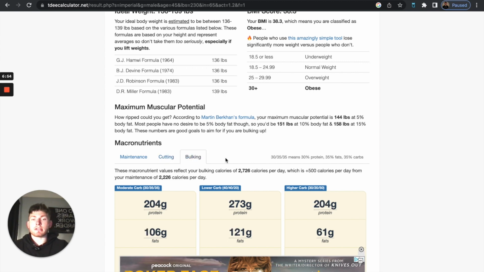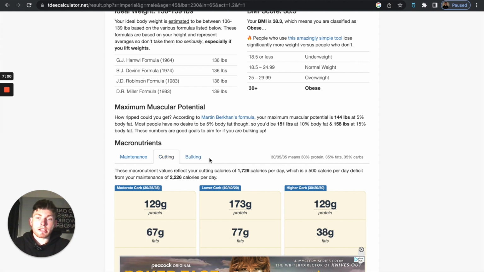You don't want to increase it by an extra 5,000 calories. It's just not sustainable. It's the same thing with cutting. I would say cap it at 1,000 calories. More than 1,000 calories, and you're starting to get into some health effects. So just note that down.